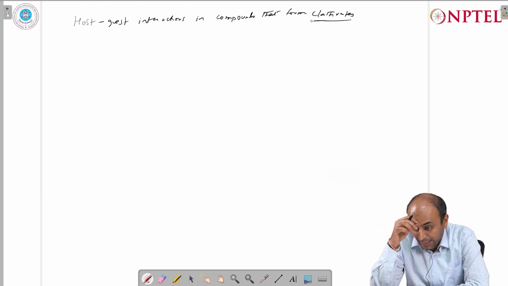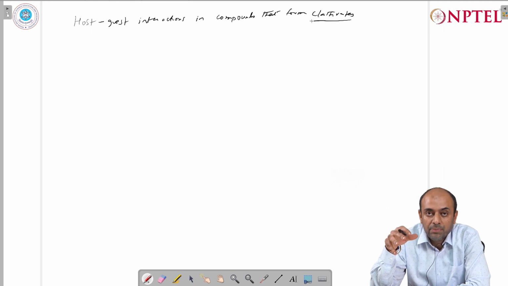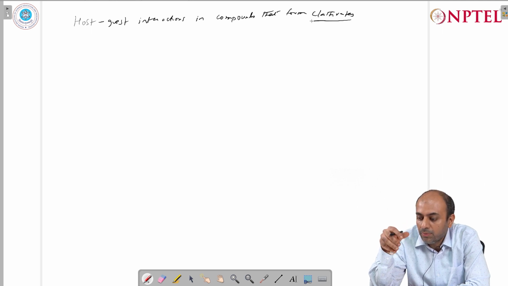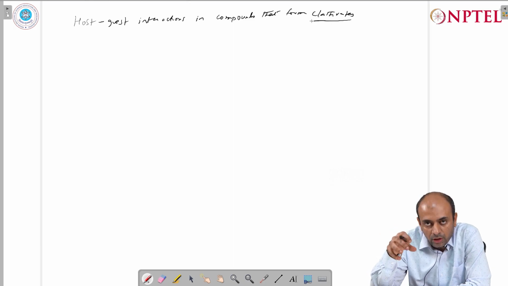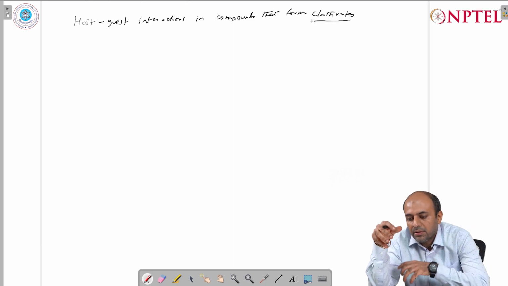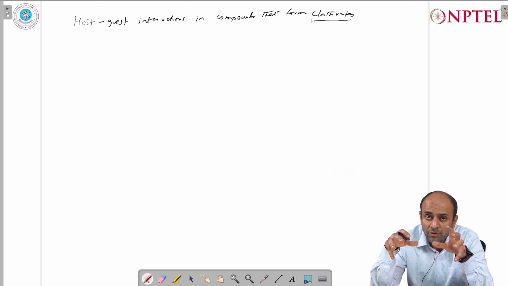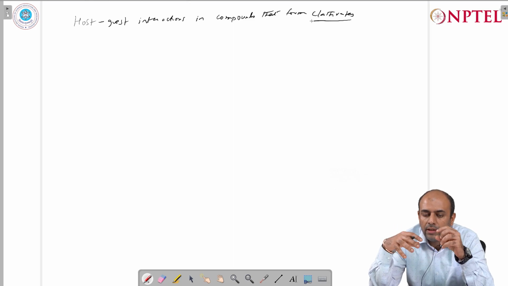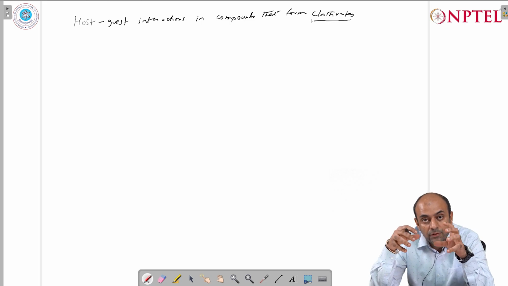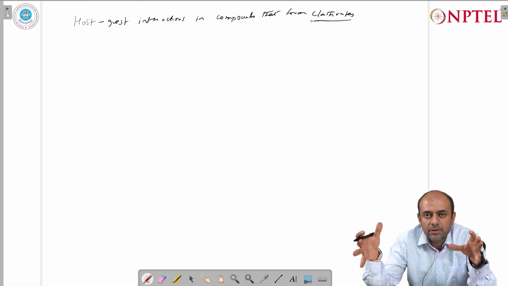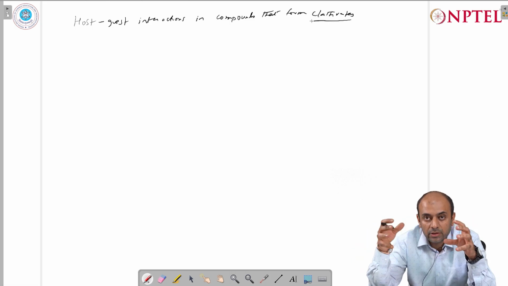So, clathrates is a new class of chemical entities, and the formation of clathrates is particularly in the solid state, because now what happens is that we have got the host molecule, which is not an individual molecule. It is not necessary that the host individually has to complex with the guest, but what is more important is that the host forms a three-dimensional lattice or a three-dimensional crystal structure.